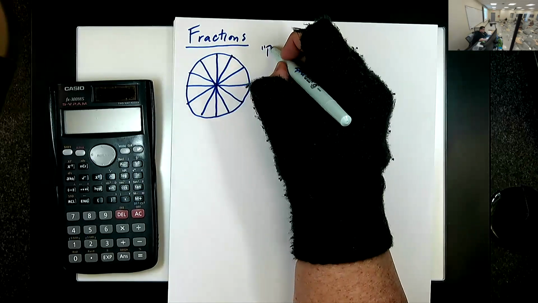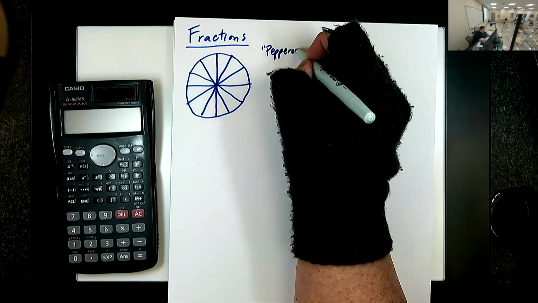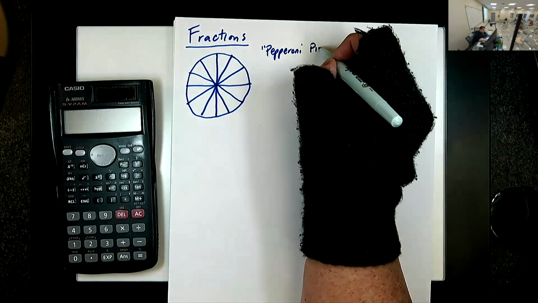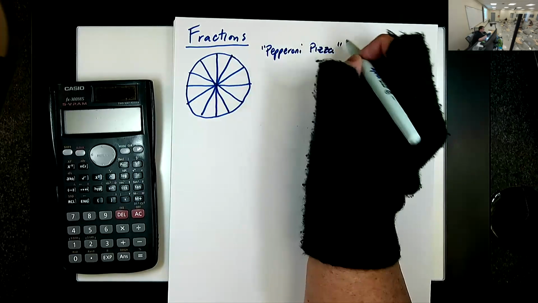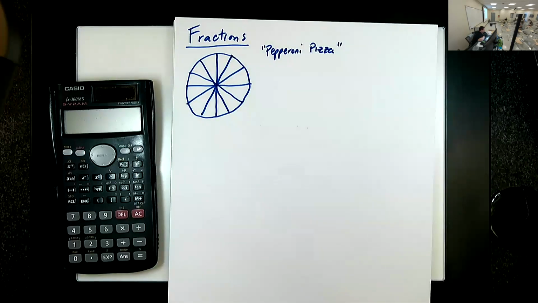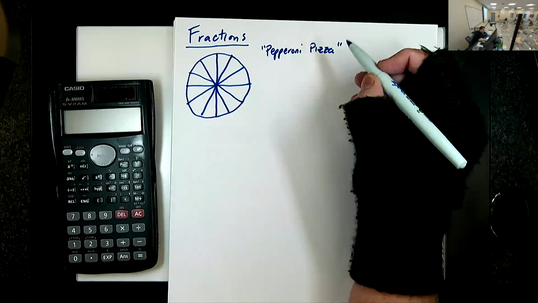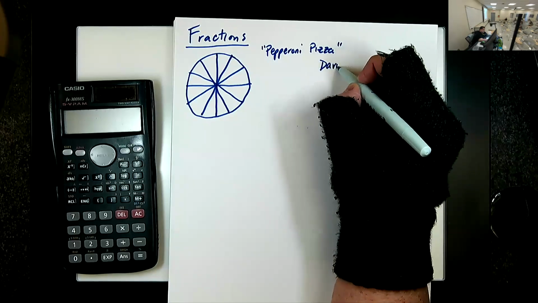So let's say that's a pepperoni pizza. That way you have something in your head. Say this is a large pizza and I'm out with my wife and maybe a couple friends. And David eats 3 slices.